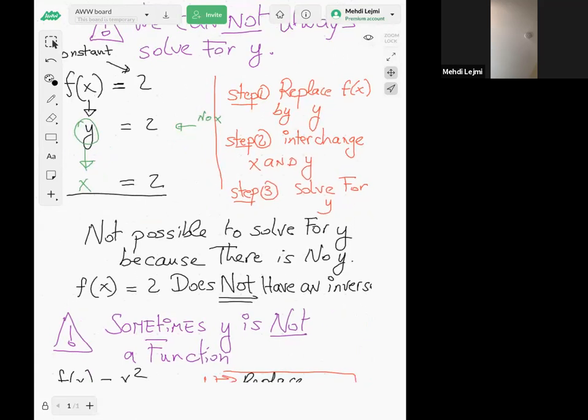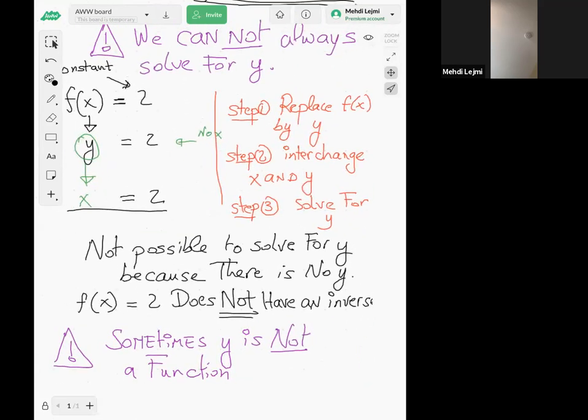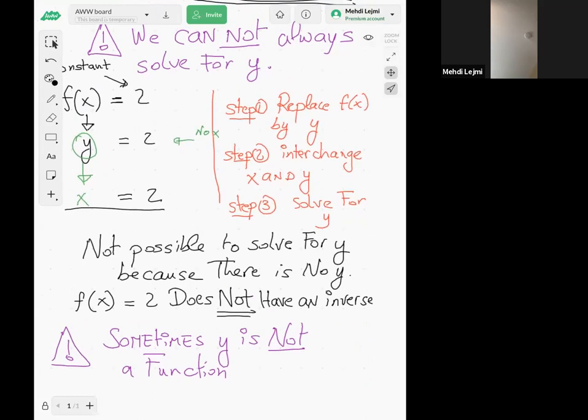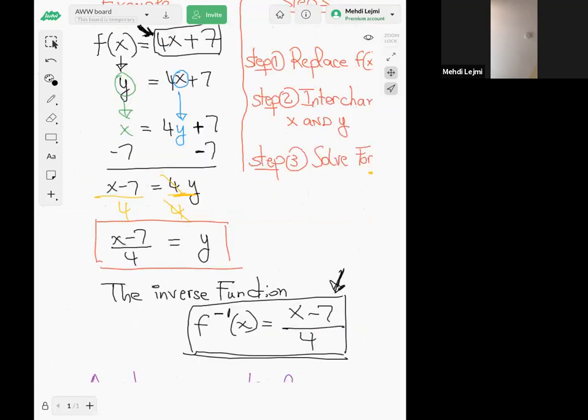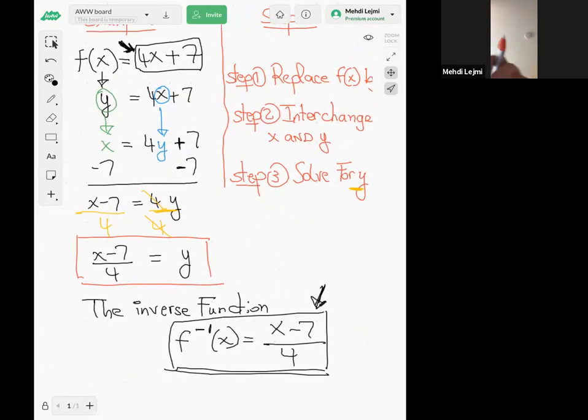This one, Lenin, with the f of x is equal to 2. Let me check.